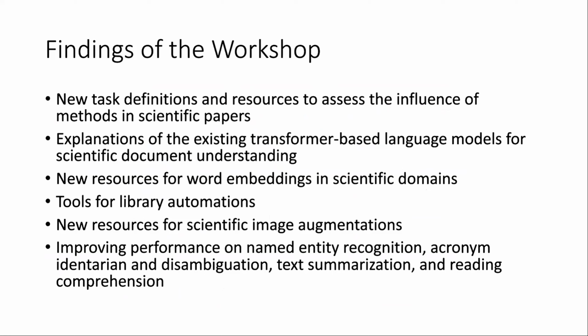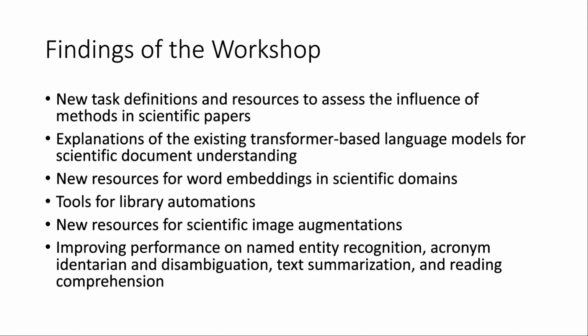In this workshop, we had some findings, and here are just a few of them that we can mention. We had some new tasks and resources for assessing the influence of scientific papers in the literature, or to verify their information. We explored the existing transformer-based language models for different tasks in scientific document understanding.